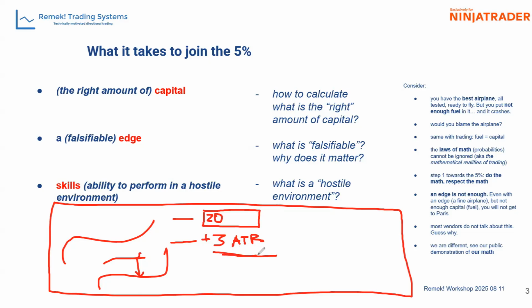How do I know how many dollars is 1, 2, 3, or 9 ATRs? Because the broker doesn't count in ATRs, the broker wants dollars. Well, we have the Remek converter, an indicator that does the math, and it's also baked into BT. So if you put on the risk management module in BT, BT will do this for you automatically.